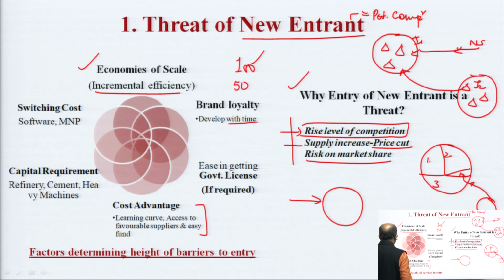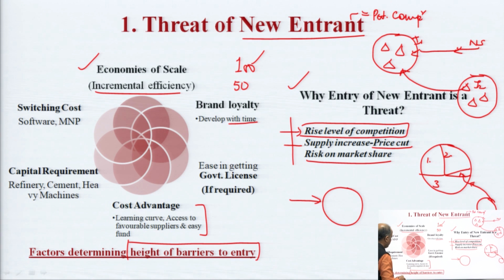Likewise, capital requirement can also affect the threat of new entrant. So what these factors are explaining is the height of the barrier to entry, how difficult it is to enter such a market, such an industry.